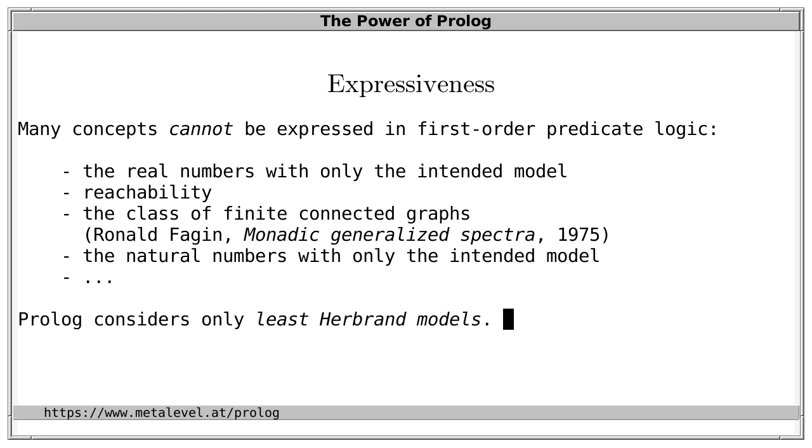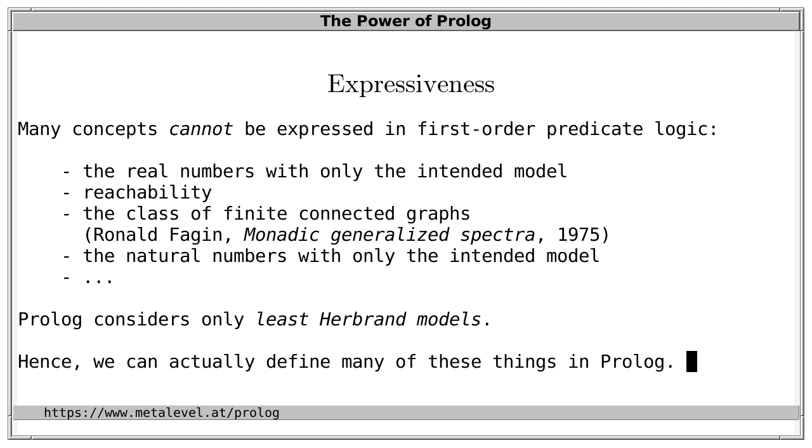However, with Prolog, the situation is a bit different, because Prolog is based on first-order predicate logic, but implicitly only considers a particular kind of models, namely least Herbrand models. And for this reason, we can actually define many of these things in Prolog and obtain only the intended results.